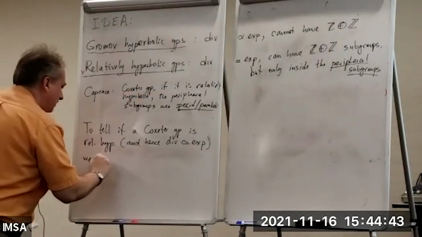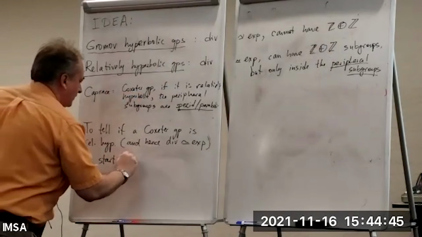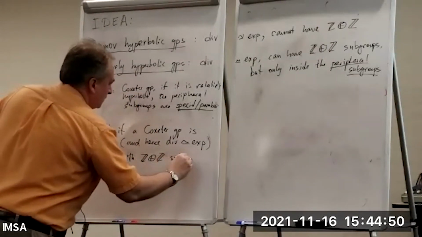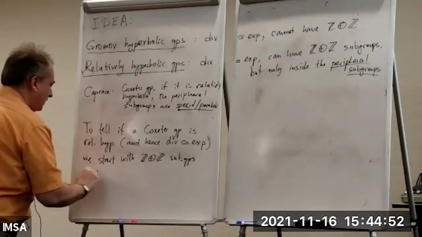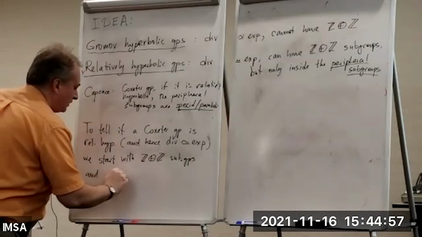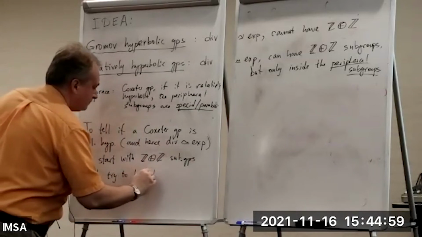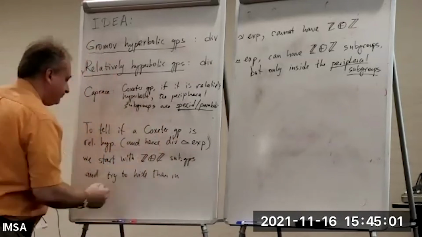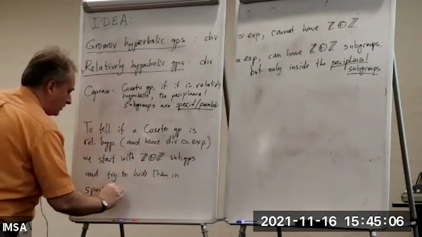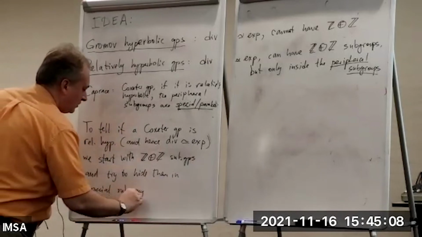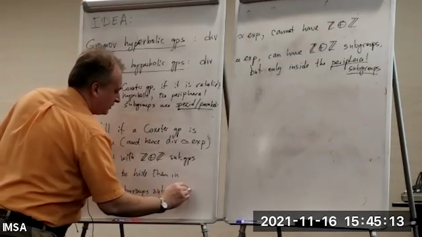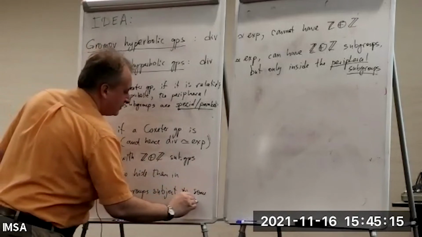We start with Z plus Z subgroups and classify them in special subgroups, subject to some conditions, some rules.